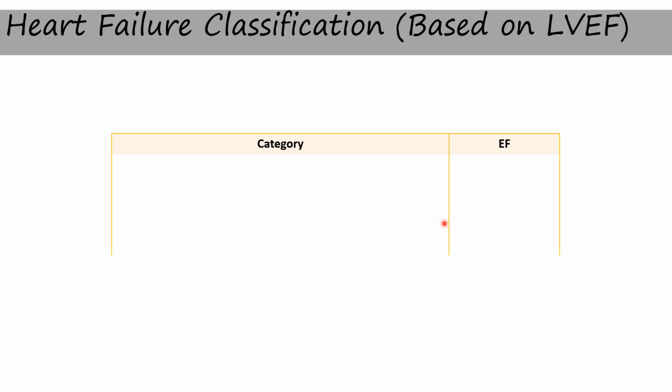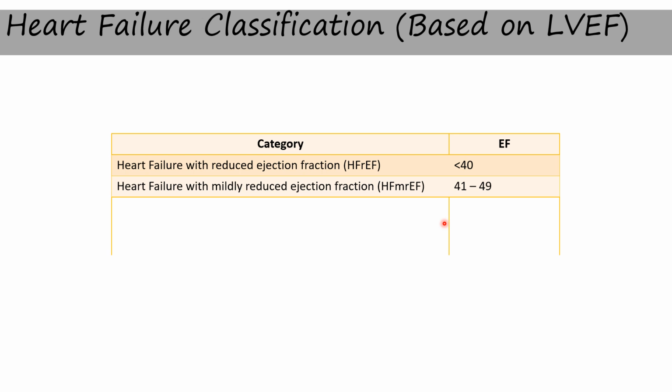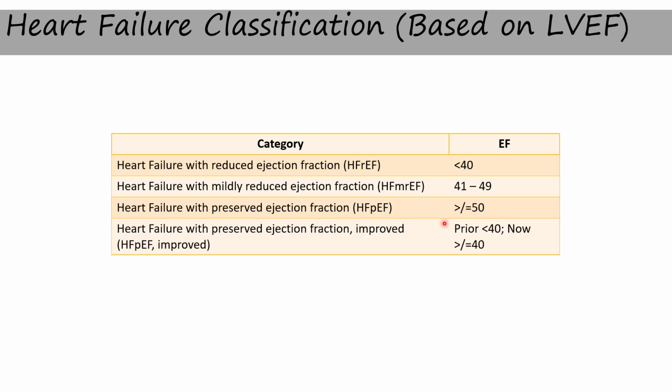The classification of heart failure based on the left ventricular ejection fraction is as follows. Here, the first category includes heart failure with reduced ejection fraction, that is less than 40, heart failure with mildly reduced ejection fraction, that is between 41 to 49, and with preserved ejection fraction, more than or equal to 50, and with preserved ejection fraction which is improved, that is, prior it was less than 40 but now it has become more than or equal to 40.